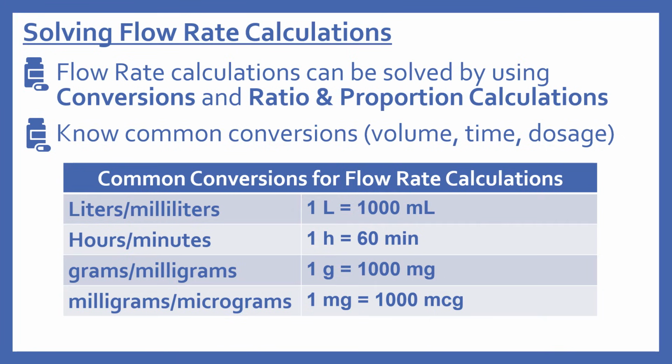Liters to milliliters, so 1 liter equals 1,000 milliliters. Hours and minutes, 1 hour equals 60 minutes. Grams with milligrams, 1 gram equals 1,000 milligrams. And milligrams with micrograms, 1 milligram equals 1,000 micrograms.